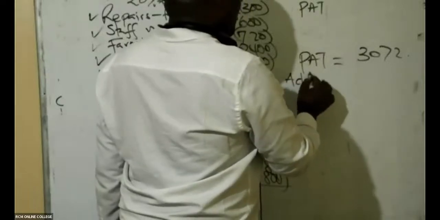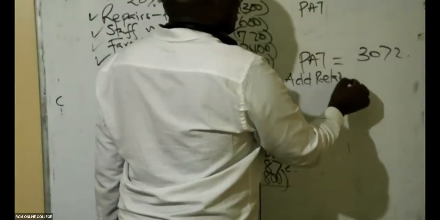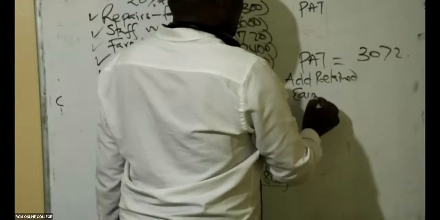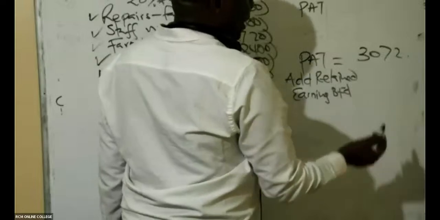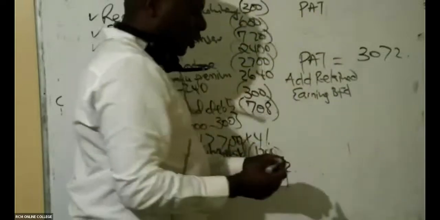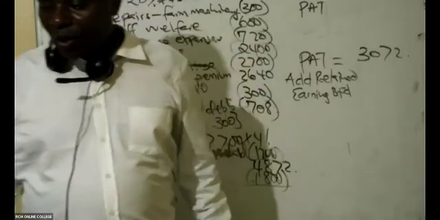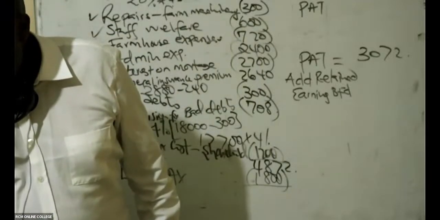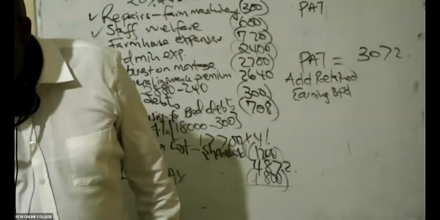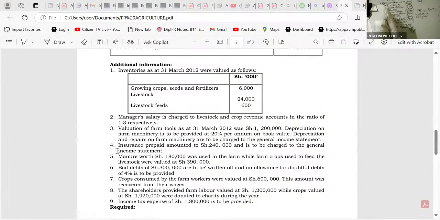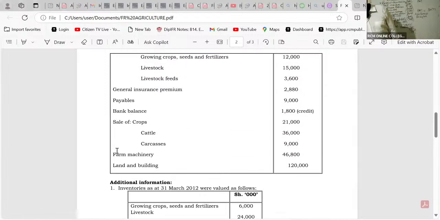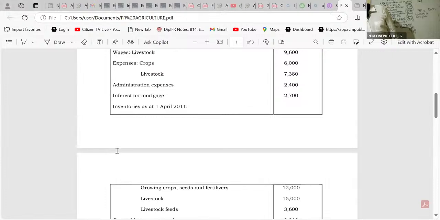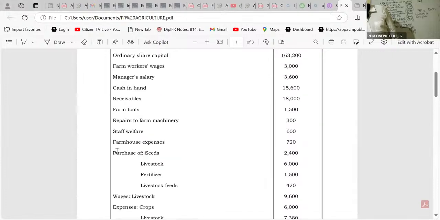Come and add retained earnings brought forward, so that you can take it to the balance sheet. Retained earnings brought forward at the beginning of the year. Is there anybody who is able to see this retained earnings brought forward from the trial balance?